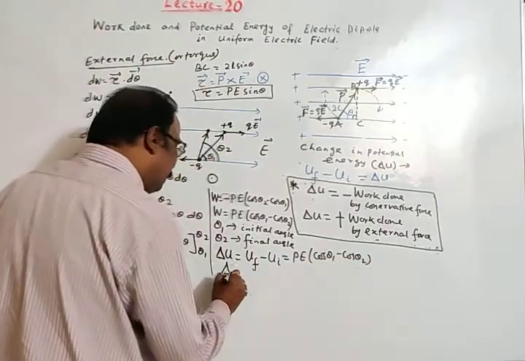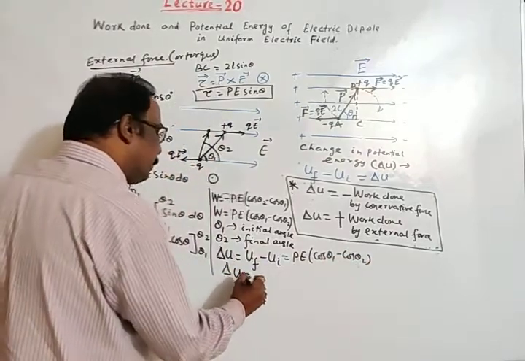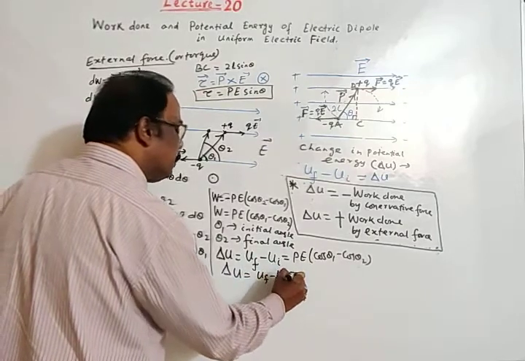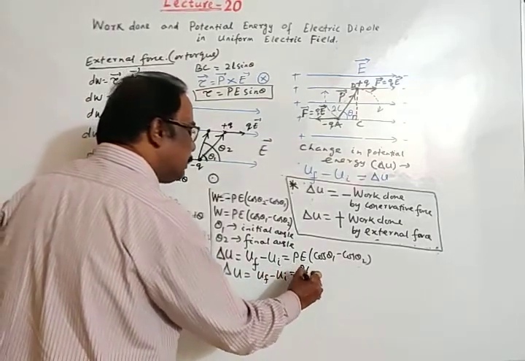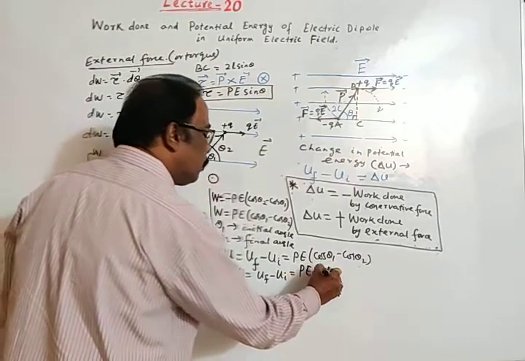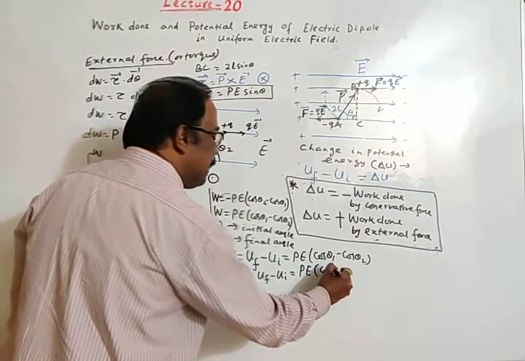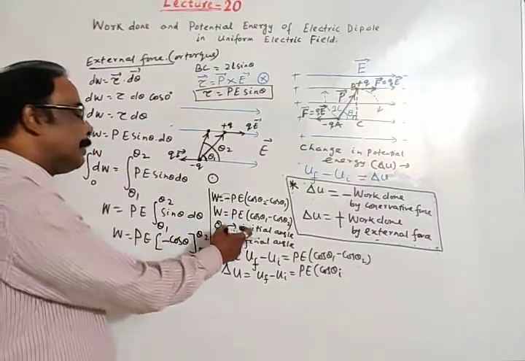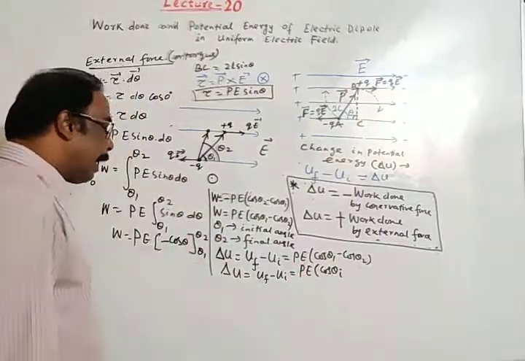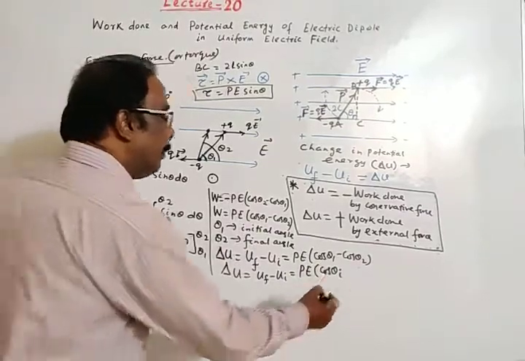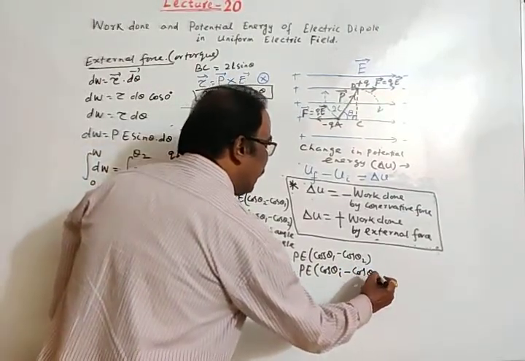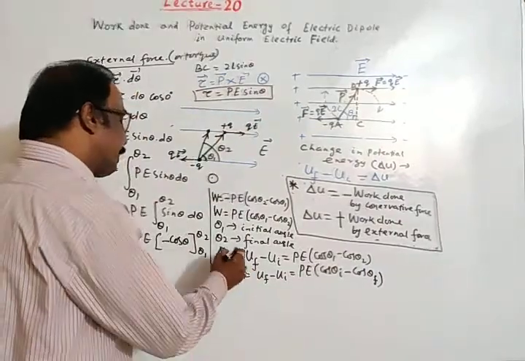Or you may write it in a better way: the change in potential energy, final potential energy minus initial potential energy, is equal to p E times cos theta initial minus cos theta final. Theta 1 is the initial angle, so I write theta i, and theta 2 is the final angle, so I write theta f.